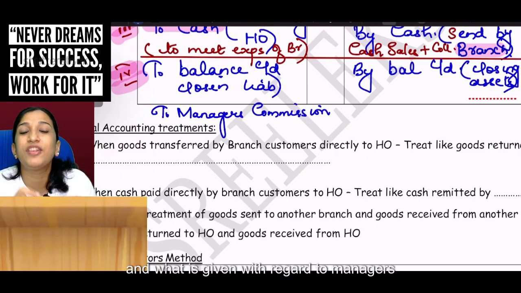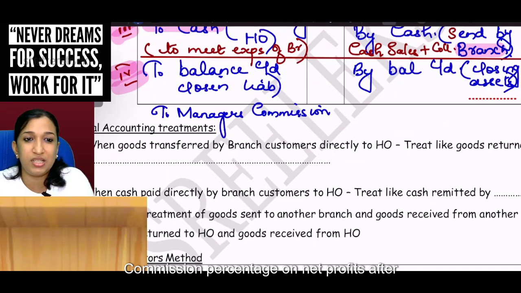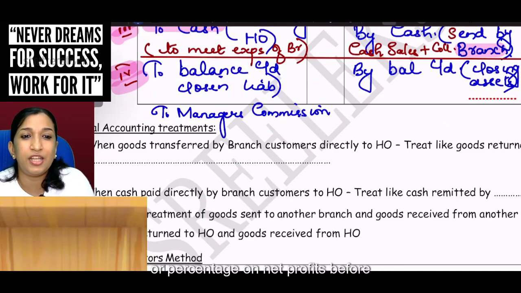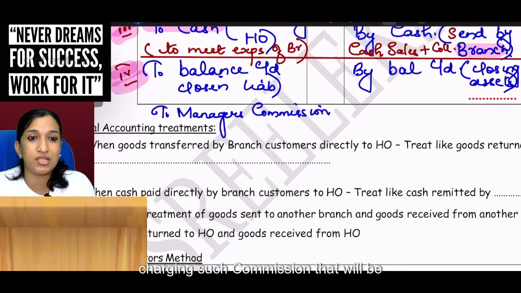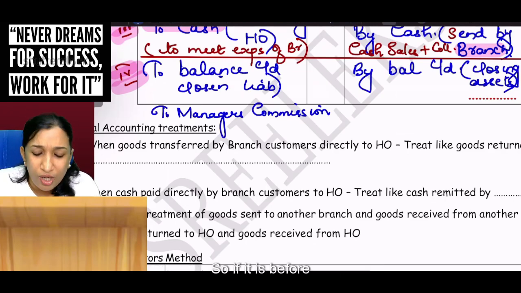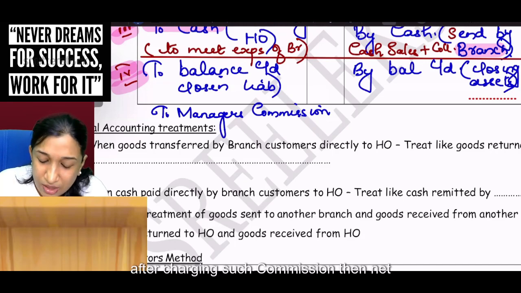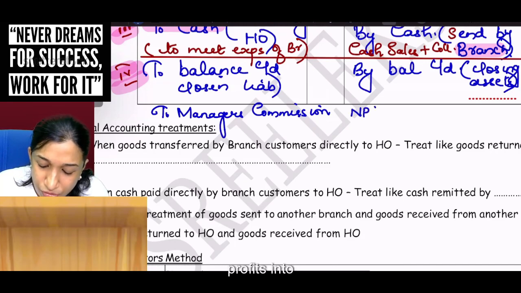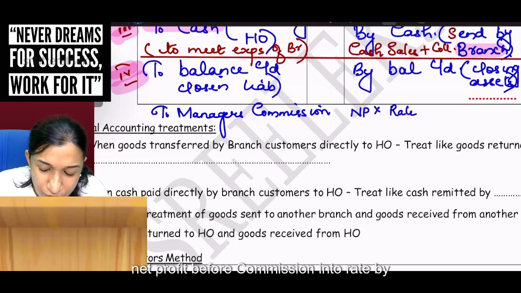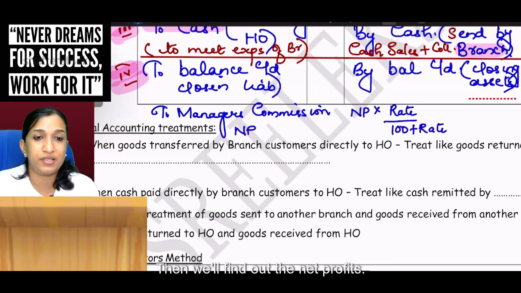And what is given with regard to manager's commission? Percentage on net profits after charging such commission, or percentage on net profits before charging such commission, that will be mentioned. So if it is before, then net profits into rate. If after charging such commission, then net profit before commission into rate by 100 plus rate. Then we'll find out the net profits.